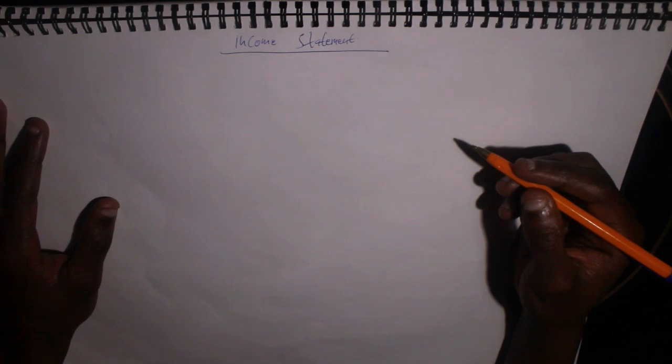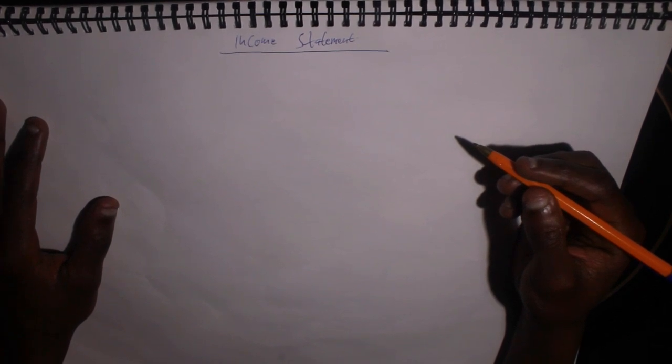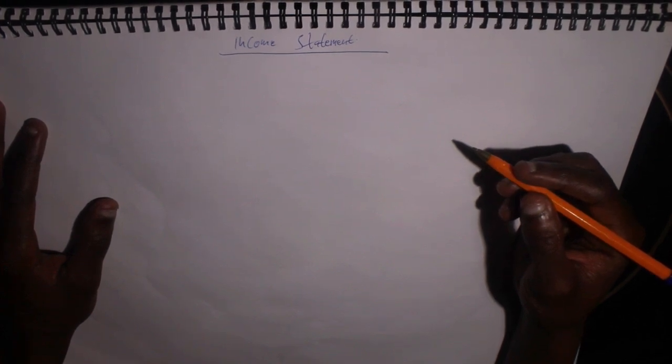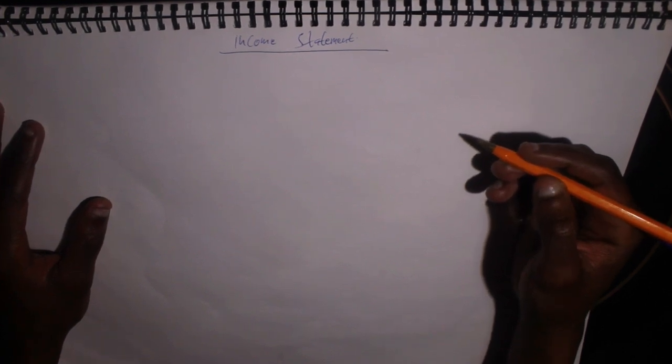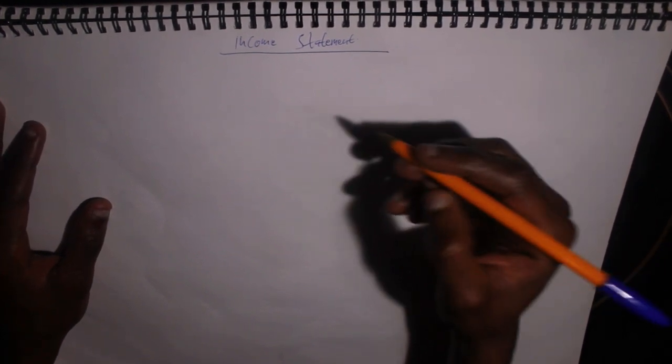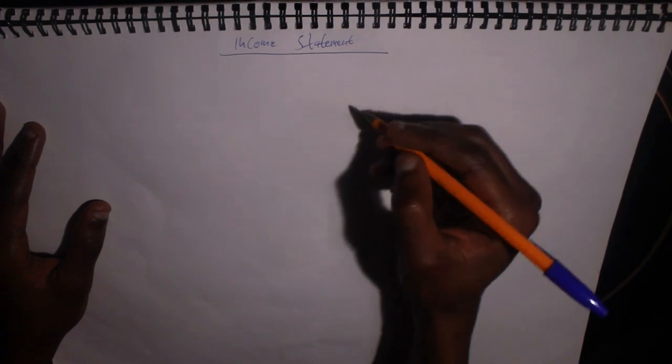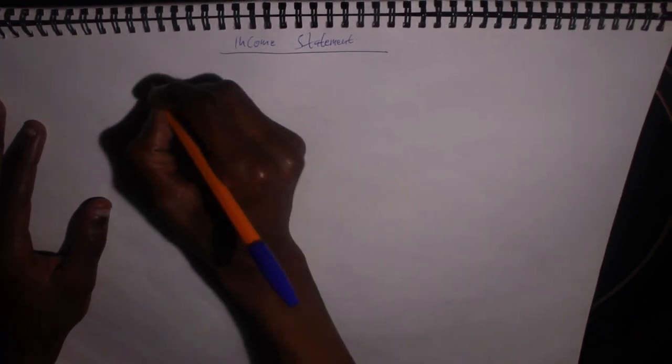The most important part when you compile your income statement is the structure of the statement. You need to know how your income statement is structured. It is very important. So first things first, this is the format. Start with sales.